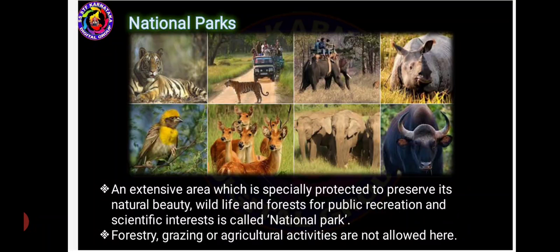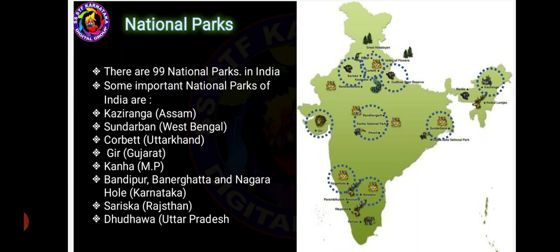Yellowstone of USA is the first national park in the world. Jim Corbett National Park, which is found in Uttarakhand, is the first national park in India. There are 99 national parks in India.